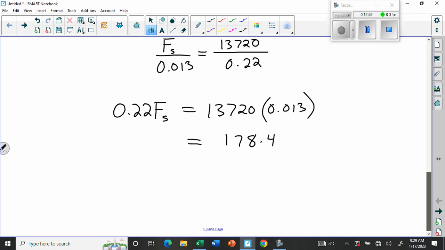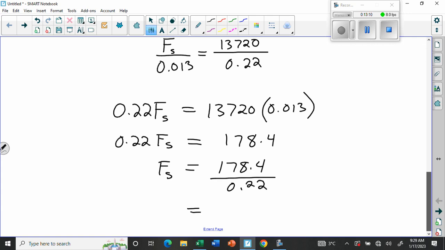We're not using significant digits here, so we'll just not worry too much about the rounding. Now to solve this, we divide both sides by 0.22, right? And we see that we're going to get a large enough force, but smaller than what we had before, divided by 0.22. So that comes out to about 811 newtons, give or take.